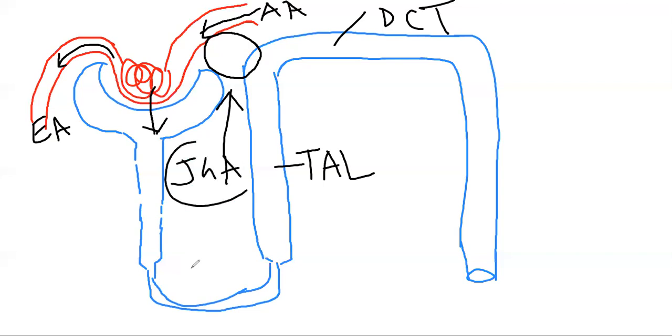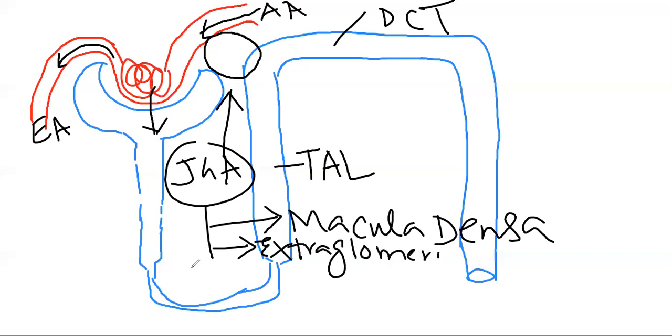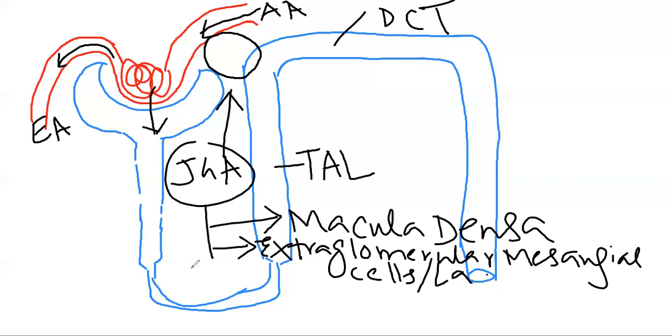So this is the area of the juxtaglomerular apparatus. Now this juxtaglomerular apparatus consists of three types of cells. One is the macula densa. Second is the extraglomerular mesangial cell, which is also known as the Lacis cell or the Polkissen cell.